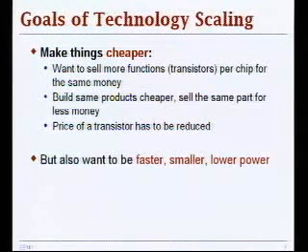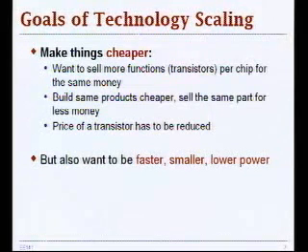So we can sell more functions per chip for the same money, because in the same die area we are now able to integrate much more functionality. Or equivalently, if you want to build the same products, we can do it cheaper because it requires less area. The reason this was possible is that due to compactions, the price of a transistor was reduced, and this continuous reduction in feature size and price has been in place for the past 40 years.